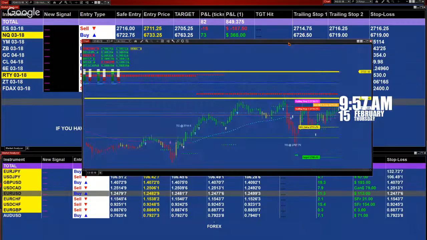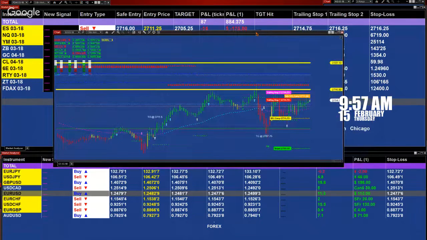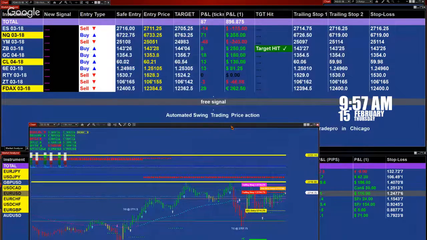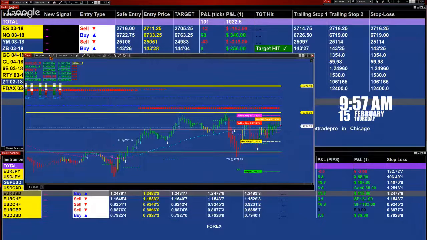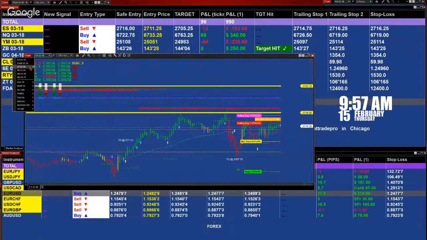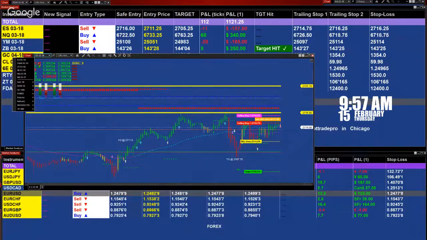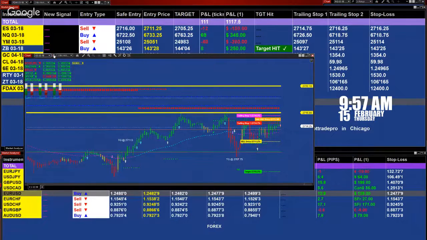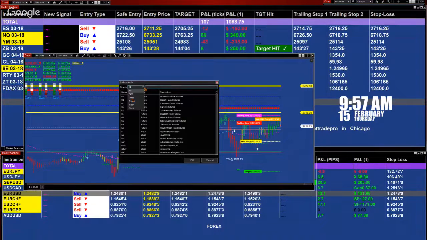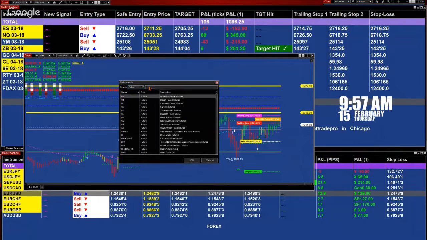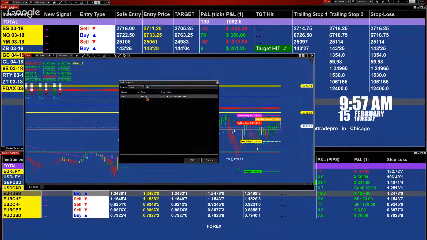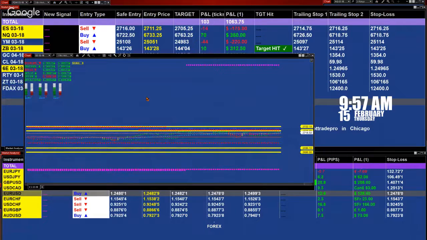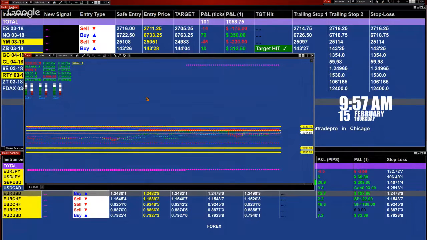Let me try, because we have a target hit on the 30-year Treasury bond. So I'm going to go on the 30-year Treasury bond. Now we are loading the 30-year Treasury bond.